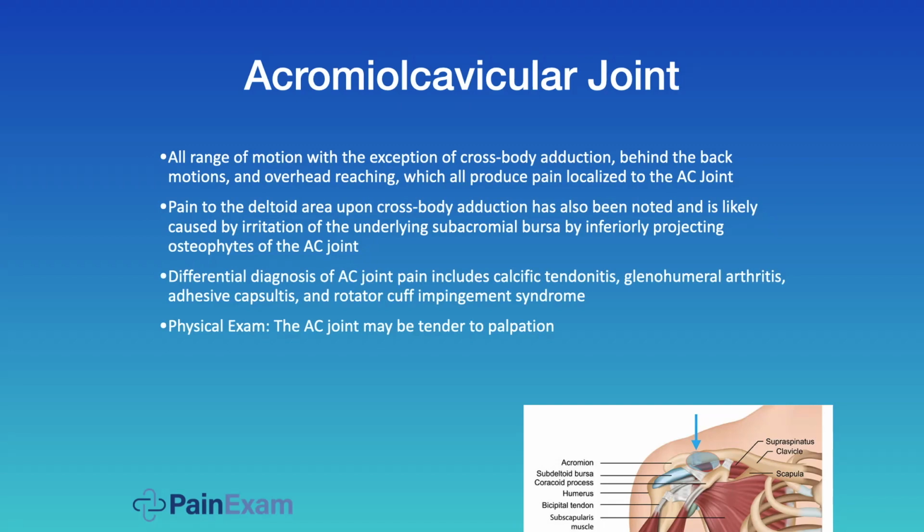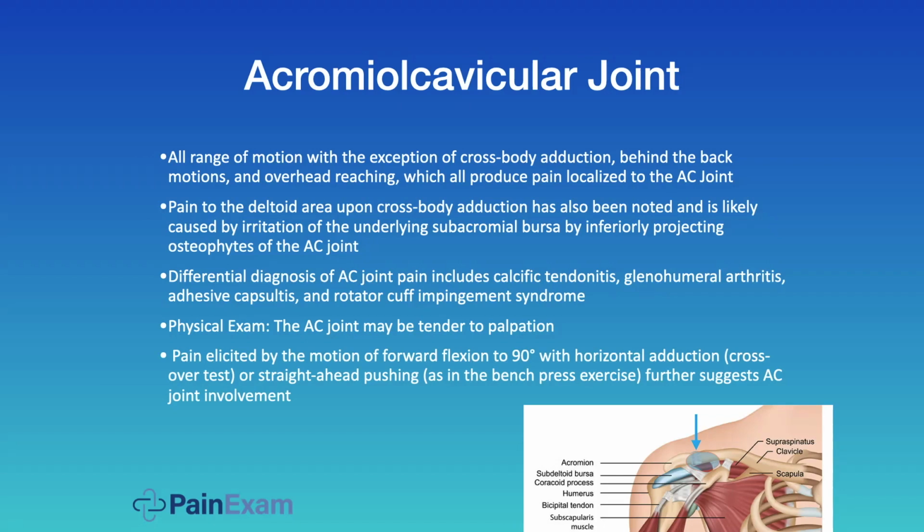The basic way to diagnose acromioclavicular joint arthritis is touch it. Touch the acromioclavicular joint. If it's tender, that's probably your diagnosis. And pain if they're pushing forward to 90 degrees with horizontal adduction. Crossover test or straight overhead pushing, as in bench press exercise, will further stress the acromioclavicular joint.